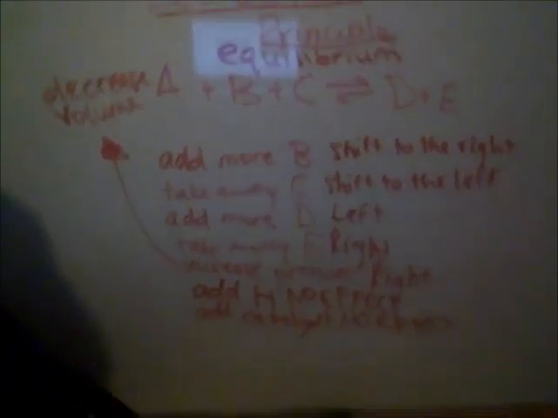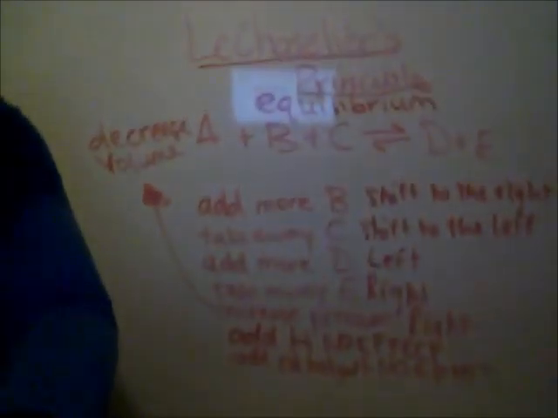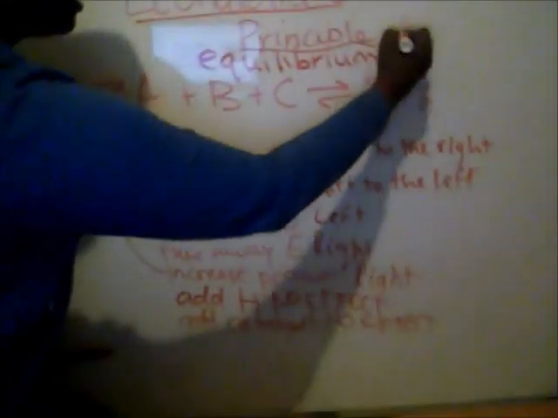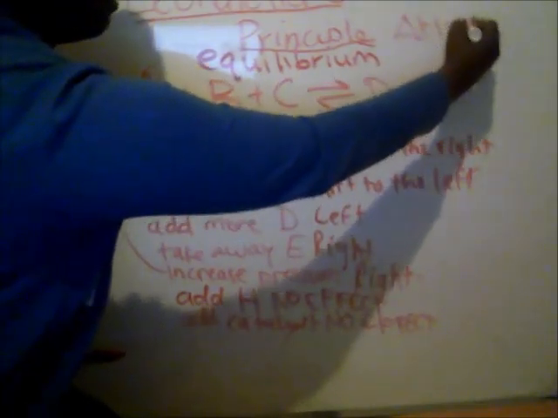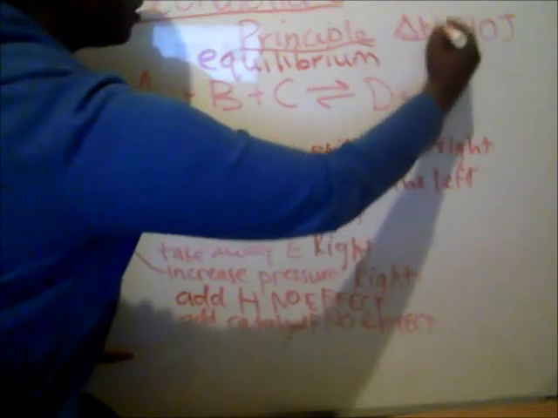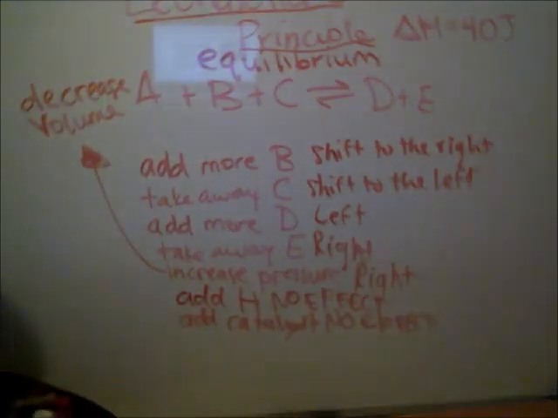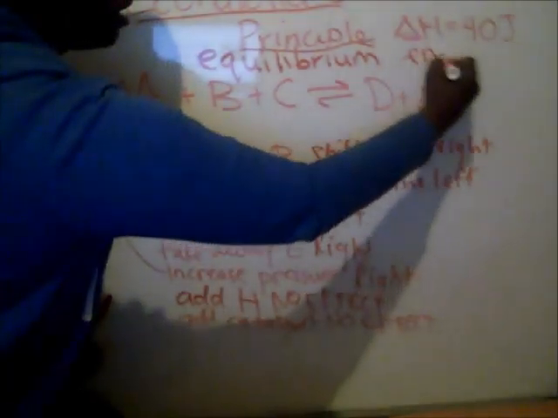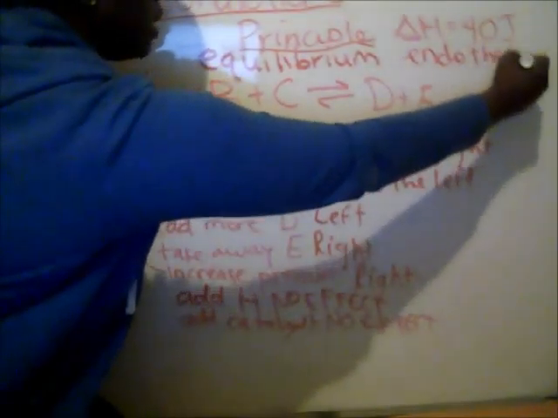Now this is where it's very important to understand where temperature goes, whether you have endothermic or exothermic. So let's say I told you delta H was a positive 40 joules. If I told you it was a positive 40 joules, that means it's endothermic because it's a positive number.